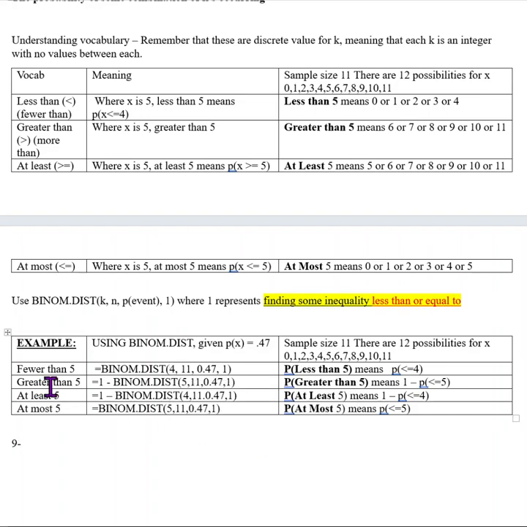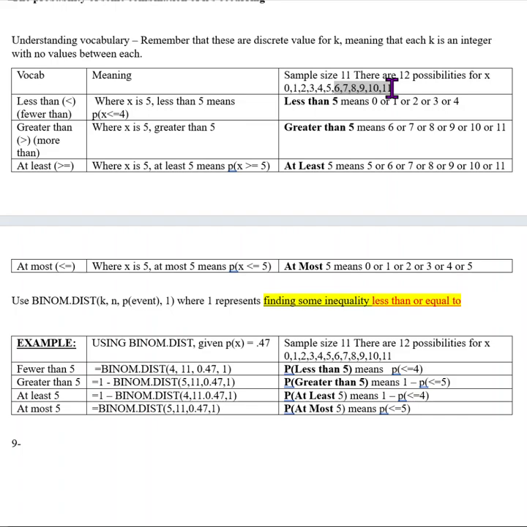Now, if I want greater than 5, remember greater than 5 means this. But the formula only calculates less than or equal to. Now, the possibility of any one of the chances occurring is 100%. Nothing up to everything. So look at my marker up there at the top. Greater than 5 is 6, 7, 8, 9, 10, or 11 of my tickets winning.